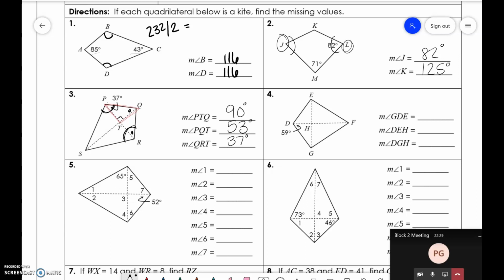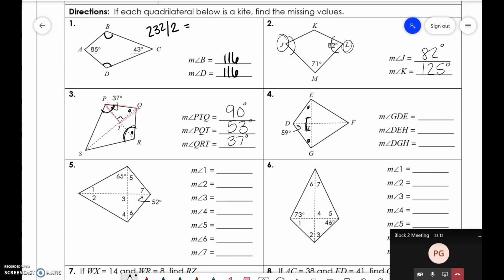Okay. Next we have GDE, so this whole angle. Were we given any other information? We may not be able to find that one first because we don't know any other information, but we can find DEH, I think. Yes, we can, because this angle is going to be the same as this one, and we can find it because we have that little triangle here.